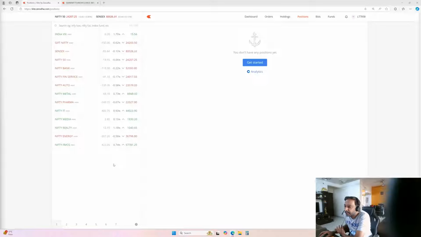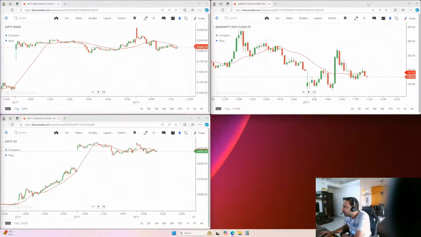As a daily process, we have gone through all the indices, what all the sectors are doing. Now let's move to our main trading chart, that is Nifty and Bank Nifty. I will just minimize this window.